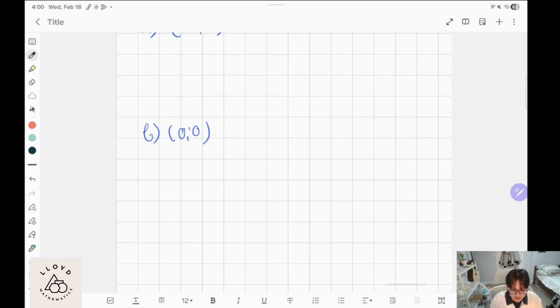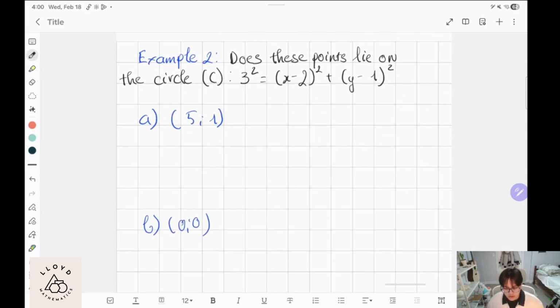Let's try the last example: does this point lie on the circle? We already have the circle, which has radius equal to 3, and the center at 2 and 1, from the equation.